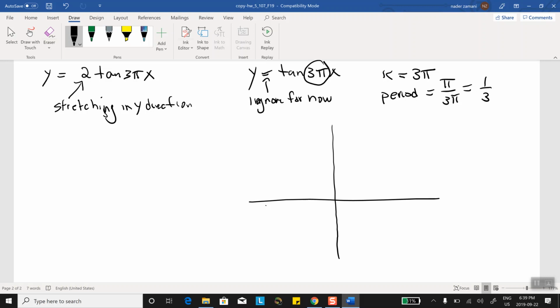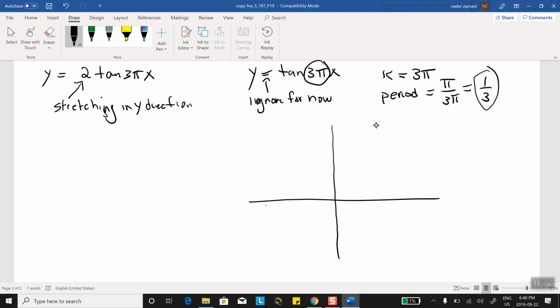Now the way tangent, if we temporarily ignore that 3 pi, the way tangent was done in the book, although the period was pi, this is tangent of x, not tangent of 3 pi x. Tangent of x was plotted between minus pi over 2 and pi over 2. So we do exactly the same thing here because we're dealing with tangent, and this is the period. We're going to go between 1/6 and minus 1/6.